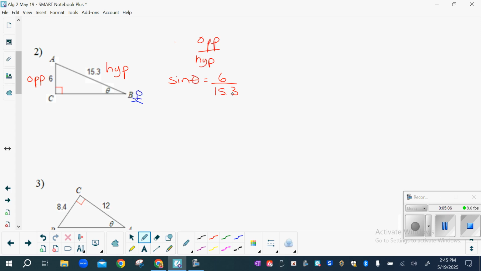This is not a degree. I use that circle. Sine inverse, that's right. So we're going to take the sine inverse of both sides.